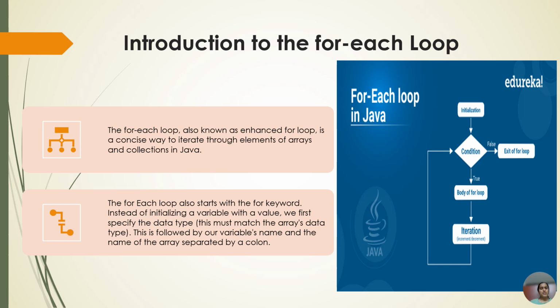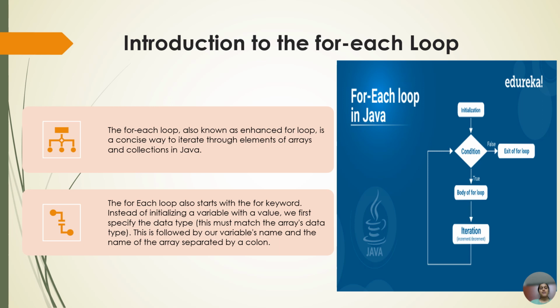Now the second one is introduction to the for each loop. The for each loop, also known as enhanced for loop, is a concise way to iterate through elements of arrays and collections in Java. The for each loop also starts with the for keyword.